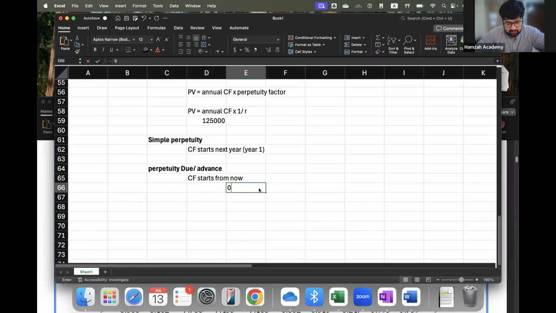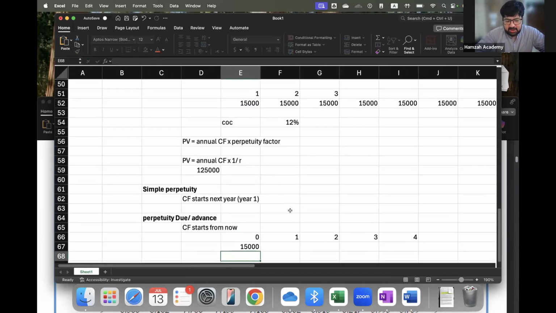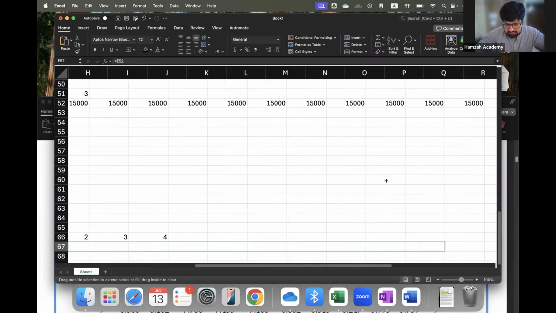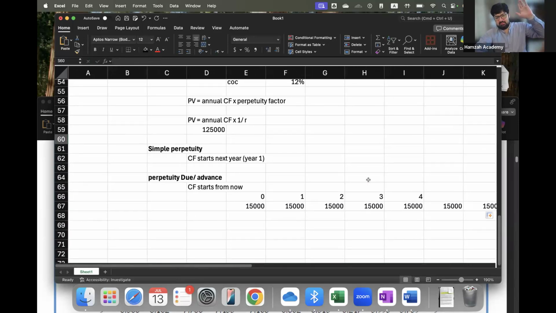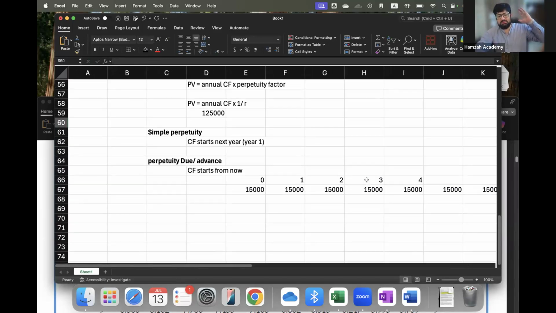So year 0, 1, 2, 3, and 4, and so on. So we can say that it is starting from now, year 0, until infinity for the foreseeable future.